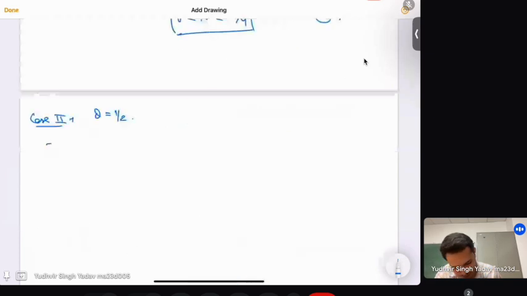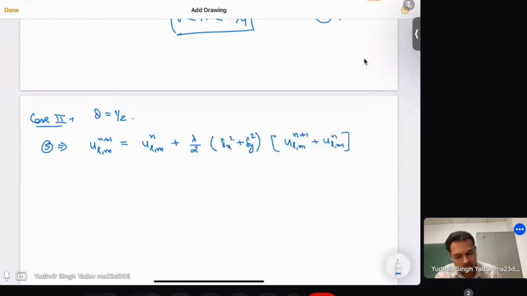then equation number 5 gives u l comma m, n plus 1 minus u l m n equals lambda by 2 times delta x square, delta y square, of u l m n plus 1 plus u l m n.